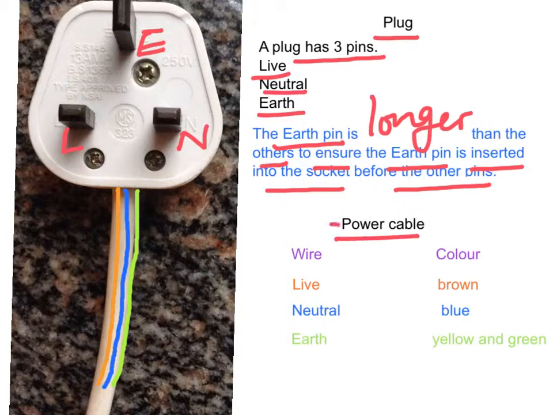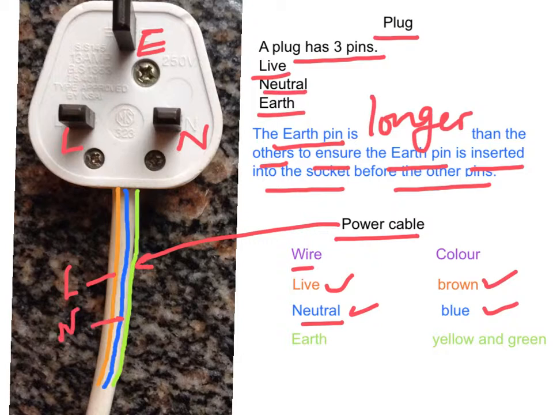The power cable has 3 sets of wires. The live wire is brown in color. The neutral wire is blue in color. And the earth wire is yellow and green in color.